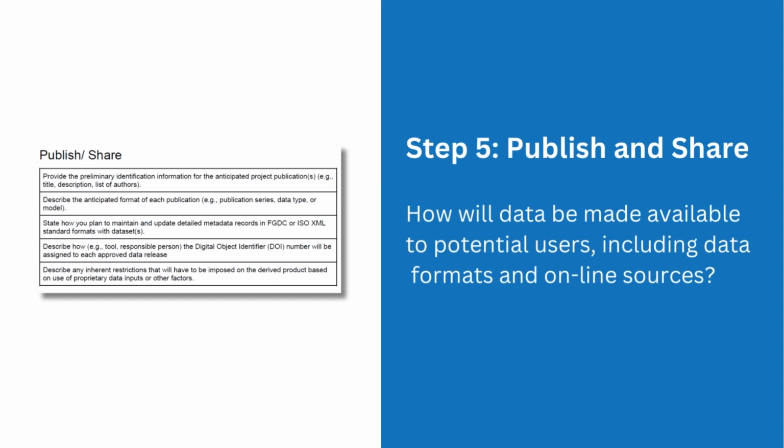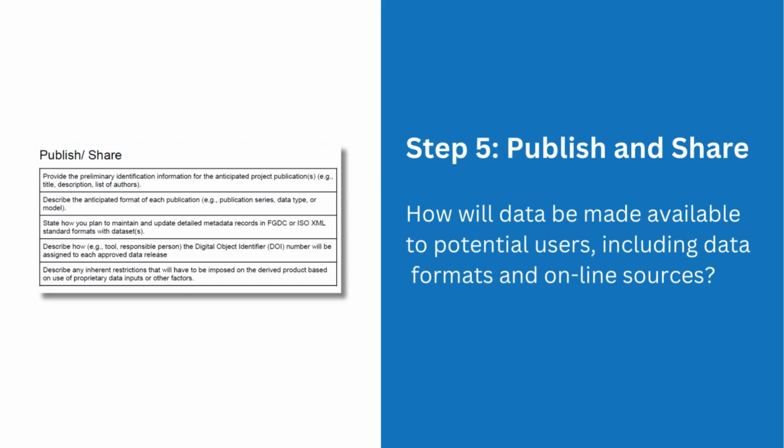The first item is provide the preliminary identification information for the anticipated project publications, for example, title, description, list of authors. The second item is describe the anticipated format of each publication, for example, publication series, data type, or model. The third item is state how you plan to maintain and update detailed metadata records in FGDC or ISO XML standard formats with datasets.